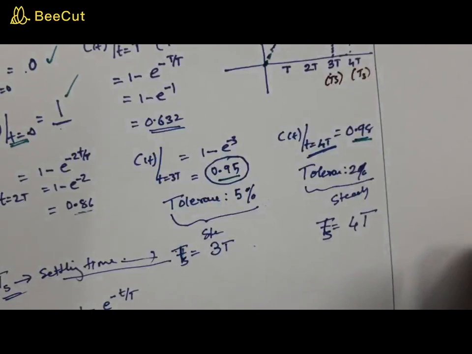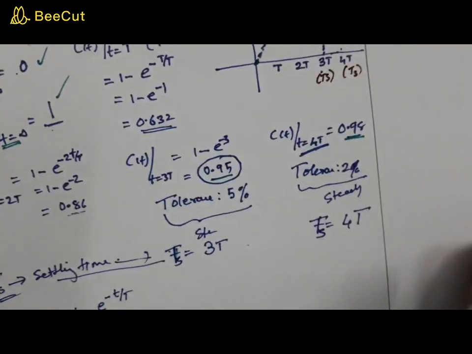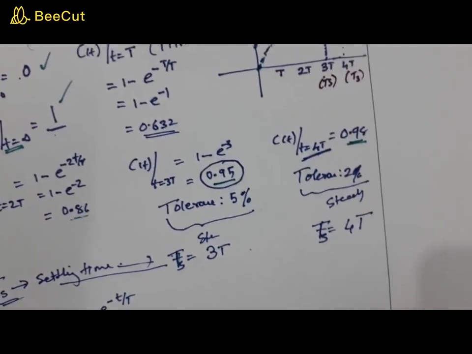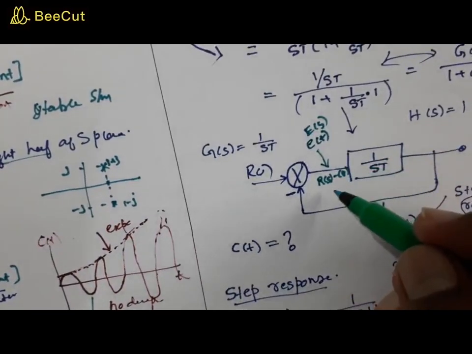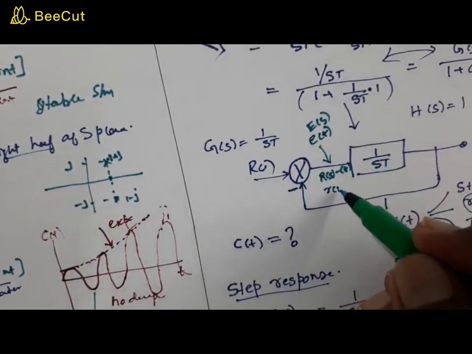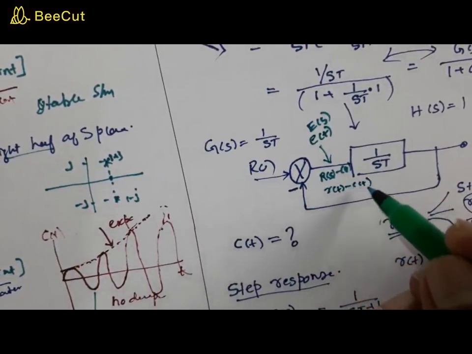Now what we are going to do is the same thing. We are going to find out the error due to that. So look at this: R of t minus C of t. This is actually R of s minus C of s, or in time domain you can call this R of t minus C of t, right?